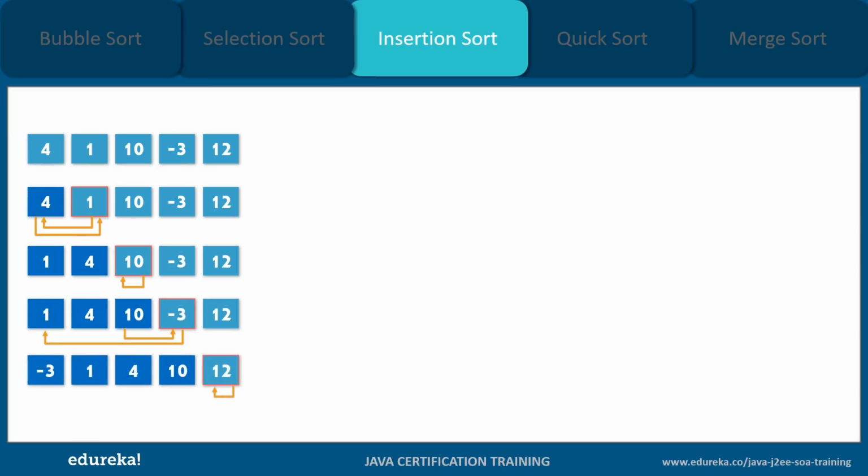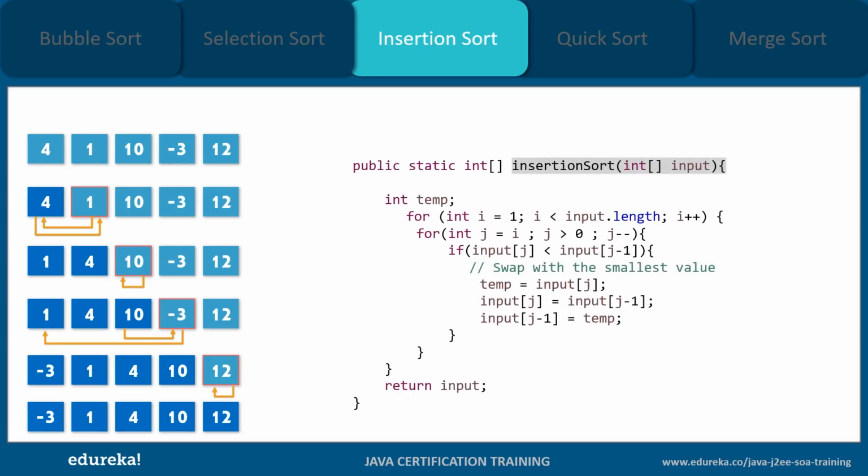It's just like the way you sort your cards. Finally you'll get a sorted sequence. So insertion sort sorts the data with a different approach. Let's write a code snippet on insertion sort and see how it works.